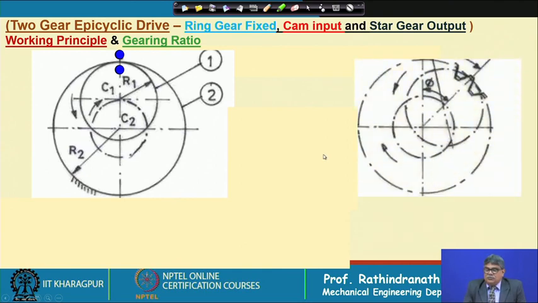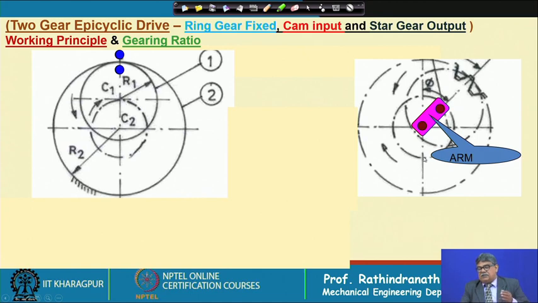Now, along with this arm, I will show you this arm here. First we rotate the whole unit by an angle phi. So, the arm is like that, and we have rotated every unit in this way.